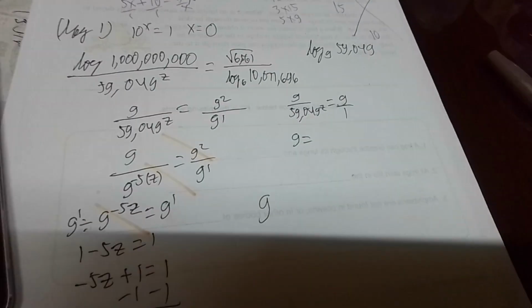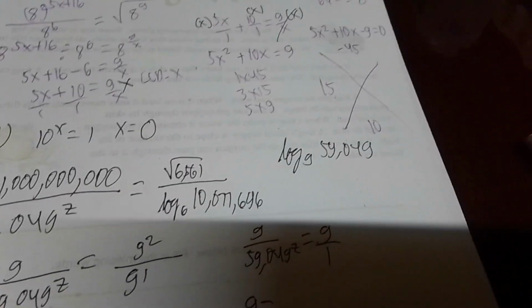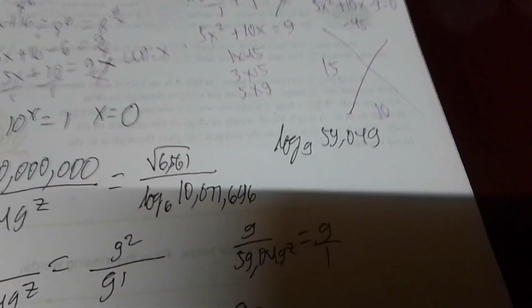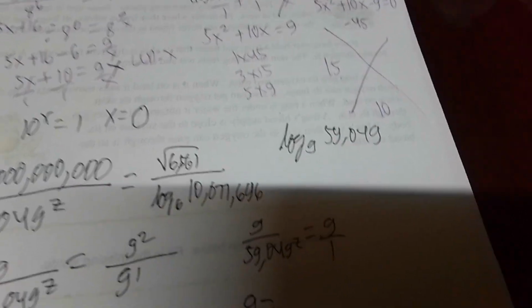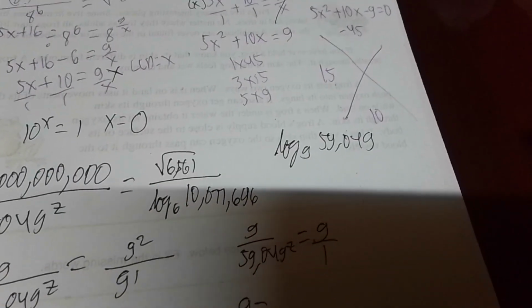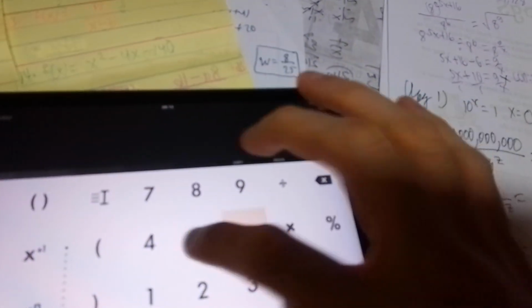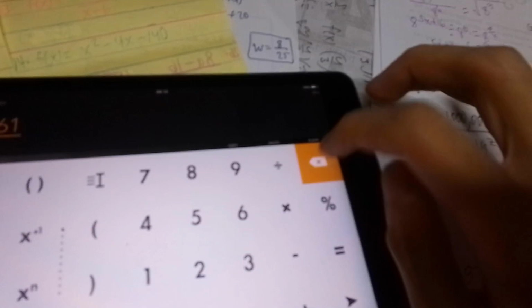Check out. Then we have 6,561. Taking the square root, we get 81. Remember, we have the square root. So let's see if we got the same answer here. So we have the square root of 6,561. Wait a moment.